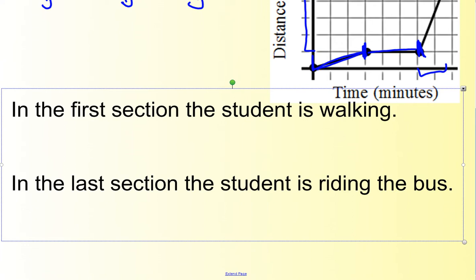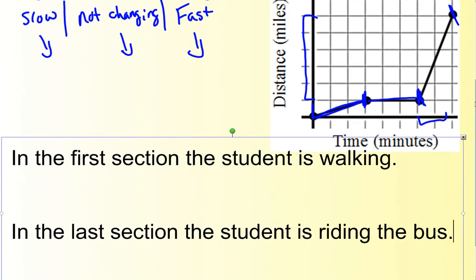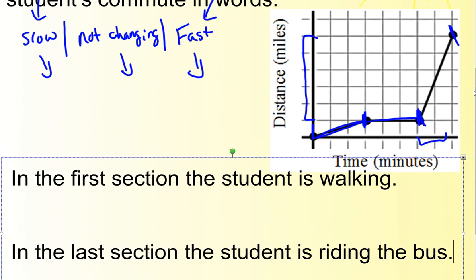So all we're missing now in our explanation, besides maybe some little extra details, is what's happening in this middle section. Why is this person not moving right here? Well, if they walk, then they're waiting, then they ride the bus. They're probably waiting at the bus stop. That's probably what's happening here. So they're walking to the bus stop.